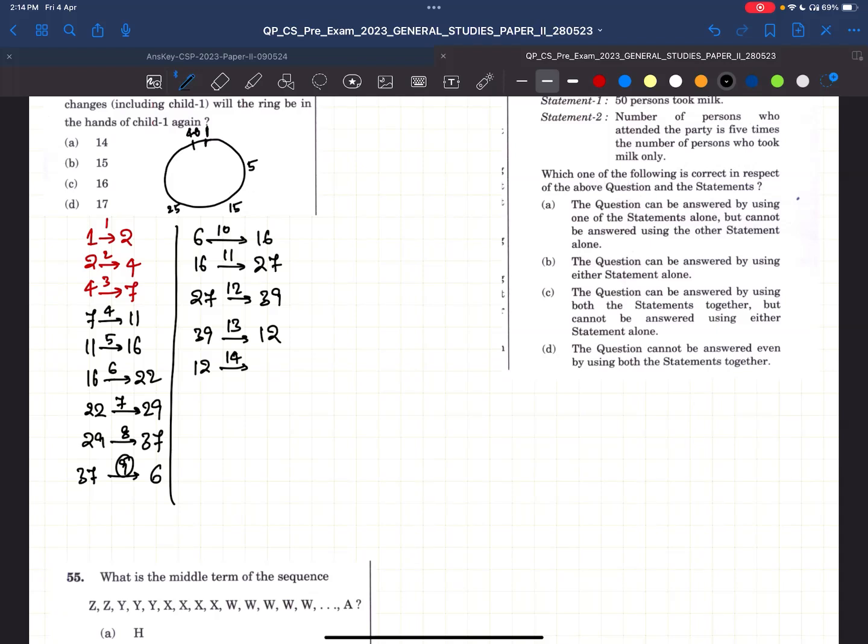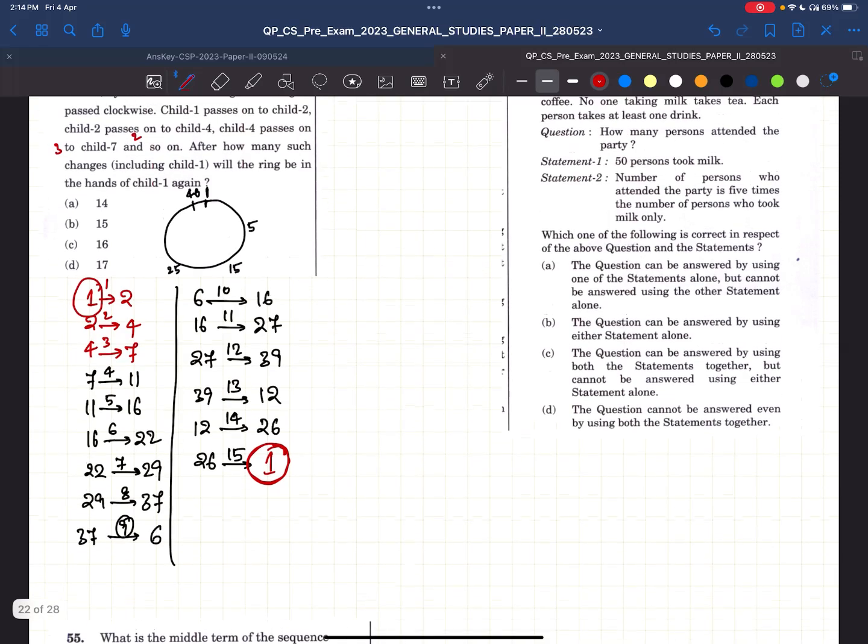From 12th, he will be the 26th person. From 26, you need to add 14. So 26 plus 14 is what? 40. So the 14th person will become 40 and the 15th person will become the first child. From here we are getting again to the first child.